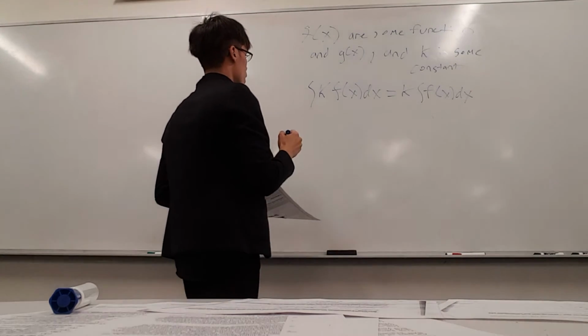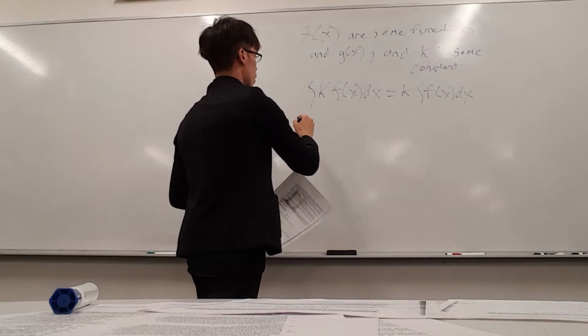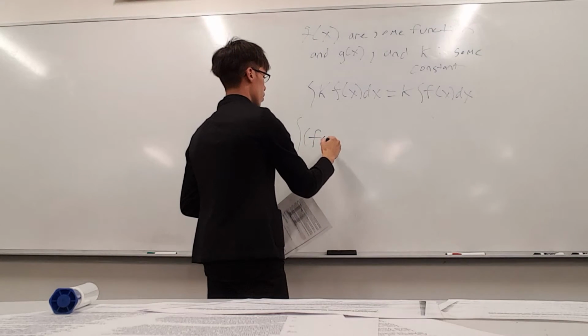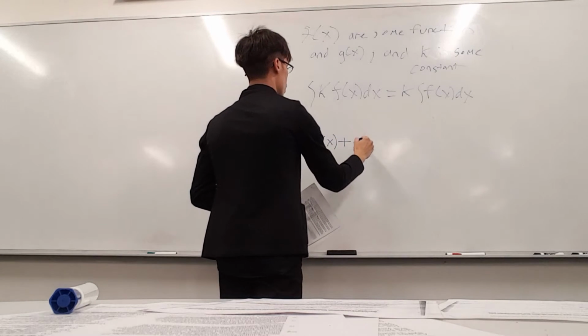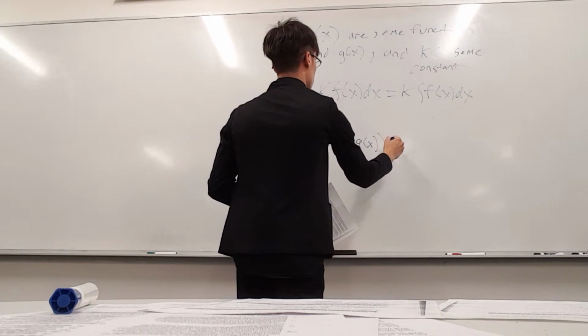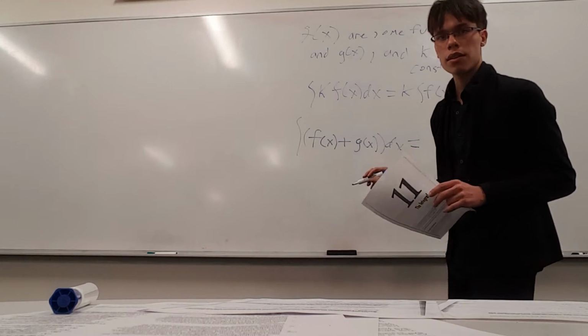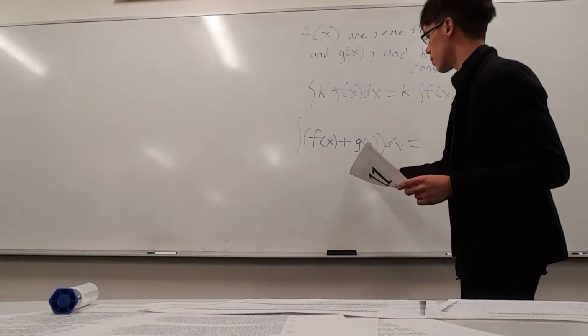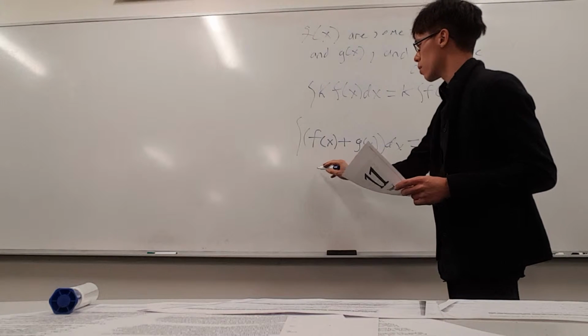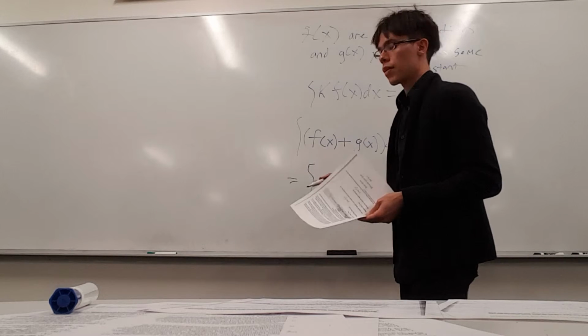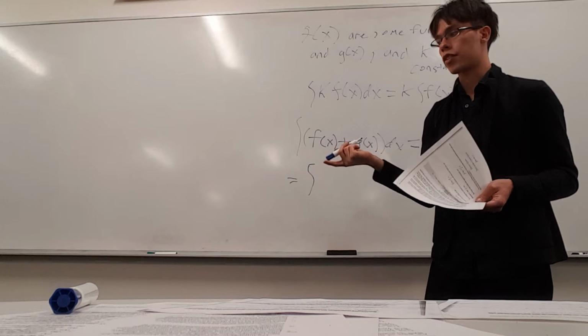Next is the integral of the sum of two functions. It's equal to, I kind of ran out of space, so I'm going to write it over here. It's equal to the sum of the integrals of these functions.